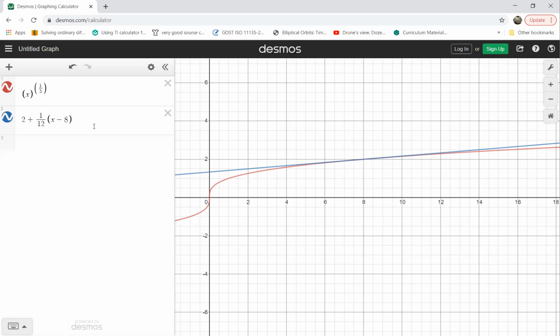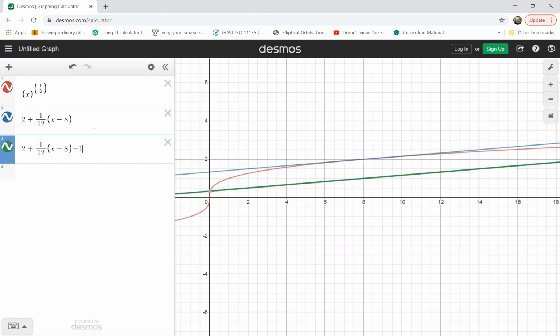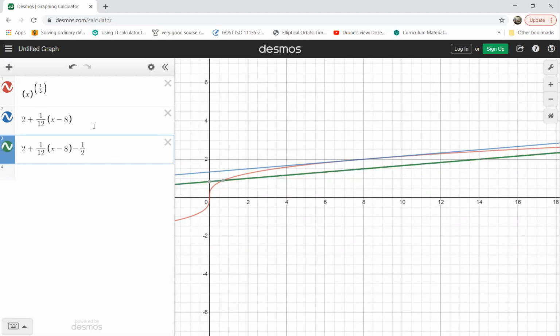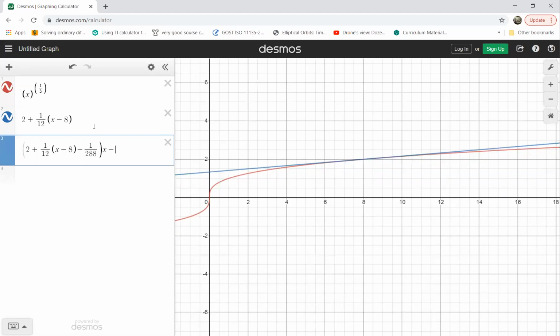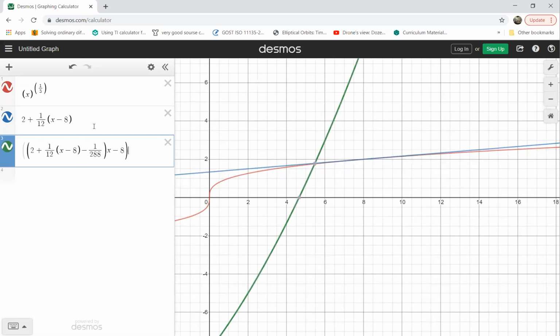Now let us add more terms. 1 over 12, x minus 8, and minus 1 over 288, x minus 8 to the power 2. What happened?